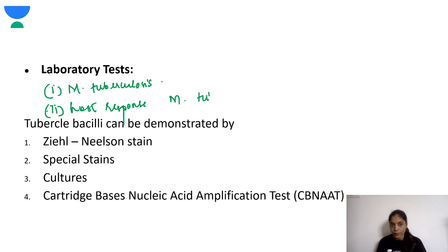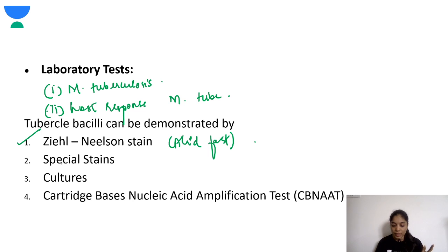Now when it comes to Mycobacterium tuberculosis, how can it be demonstrated? One is the Ziehl-Neelsen stain, which is an acid fast staining, as you know the tubercle bacillus is an acid fast bacillus.